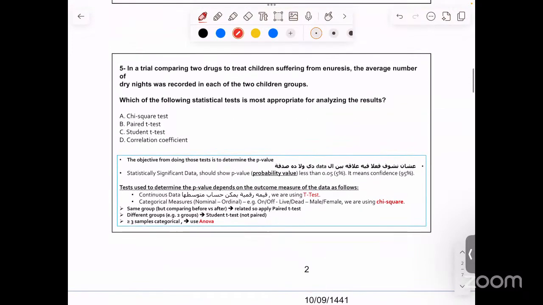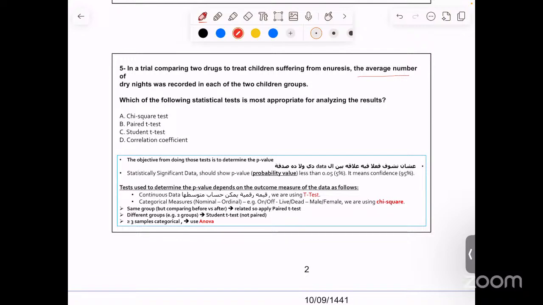Number 5: in a trial comparing 2 drugs to treat children suffering from enuresis, the average number of dry nights was recorded in each of the 2 children groups. Which of the following statistical tests is most appropriate for analyzing the results? A, chi-square test. B, paired t-test. C, student t-test. D, correlation coefficient.